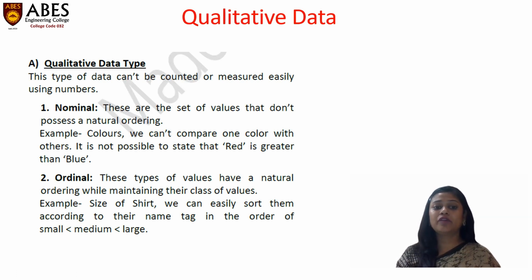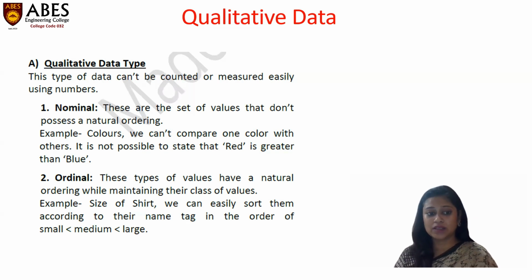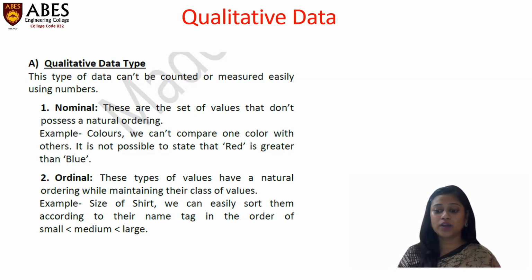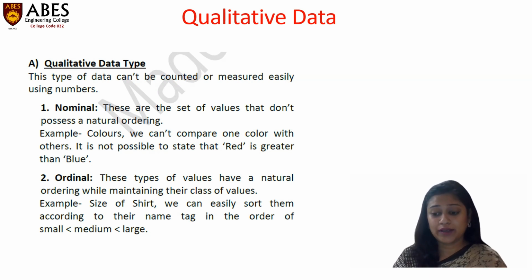In qualitative data, we are not able to count and measure easily using basic numbers. So these can be of two types. Number one is nominal, another one is ordinal. Before explaining this, let me tell you why I'm talking about data.